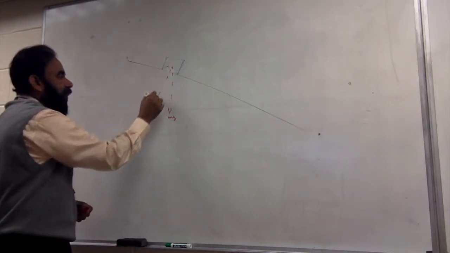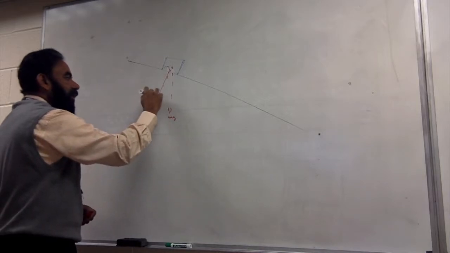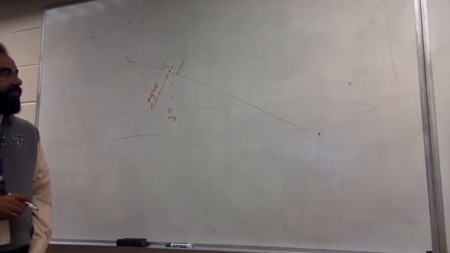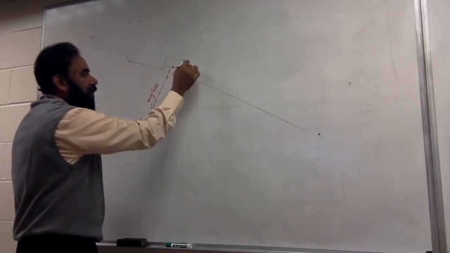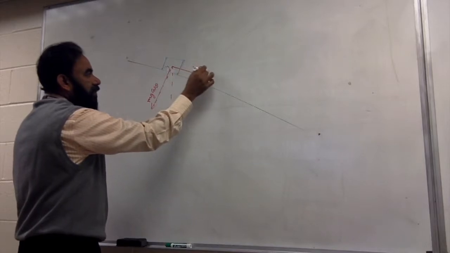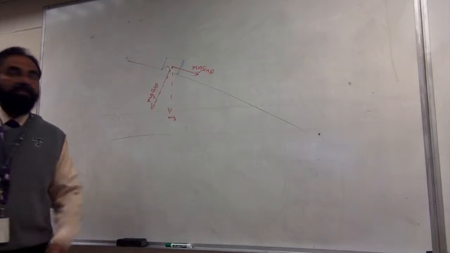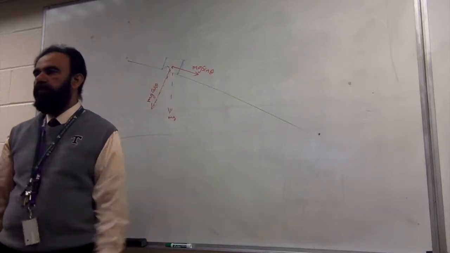So how much of this is this way? mg cosine theta. And how much of this is this way? mg sine theta. These are things that you already know, so put it down. That's going to be there for all objects on an inclined plane.